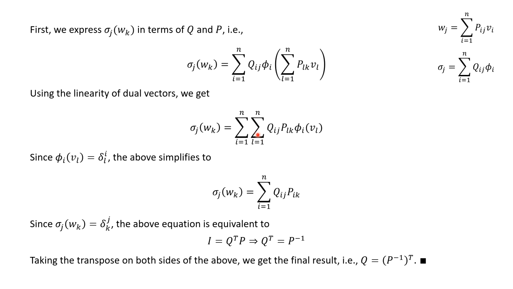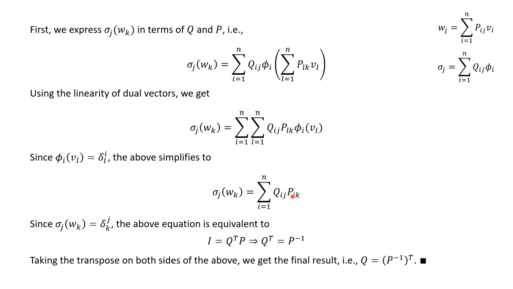And then since phi sub i of v sub l is equal to the Kronecker delta, that means that this thing here is 1 if and only if l is equal to i. So when l is equal to i, this is 1. All the other terms drop out to 0, so we get a P sub ik here.